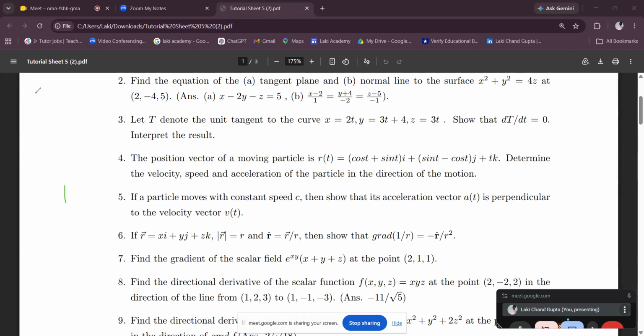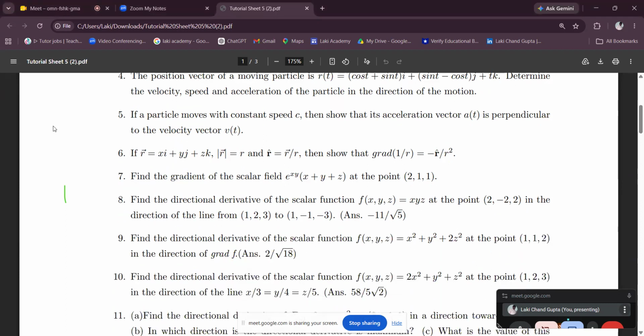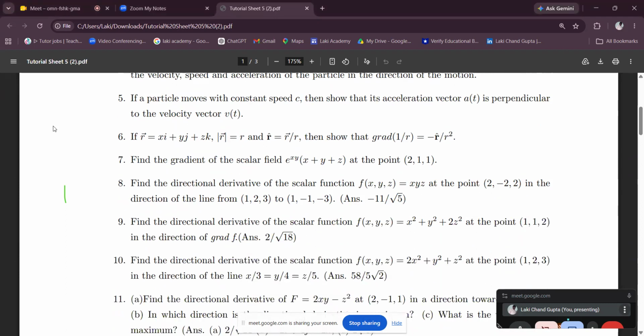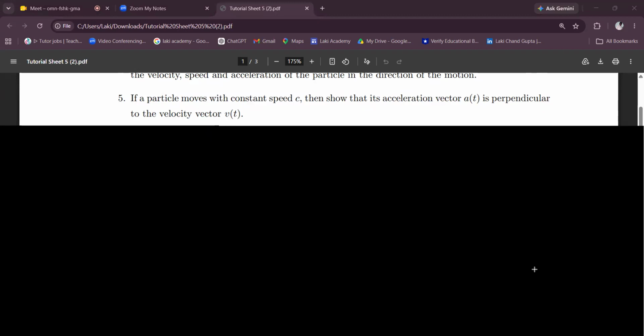See question number 5. A particle moves with constant speed so that acceleration is perpendicular to velocity. It's very easy, no issue. Constant speed means speed is some constant, and this is c.